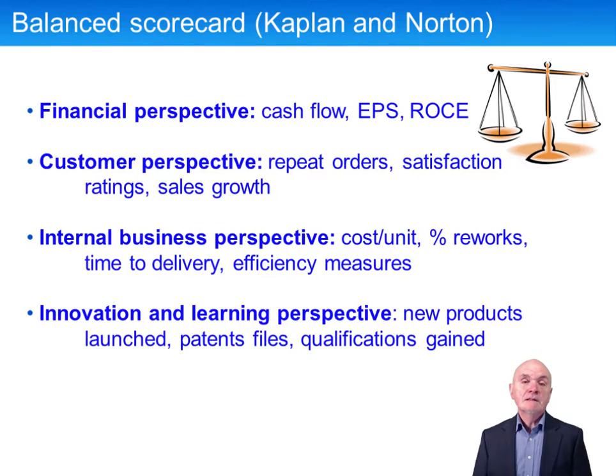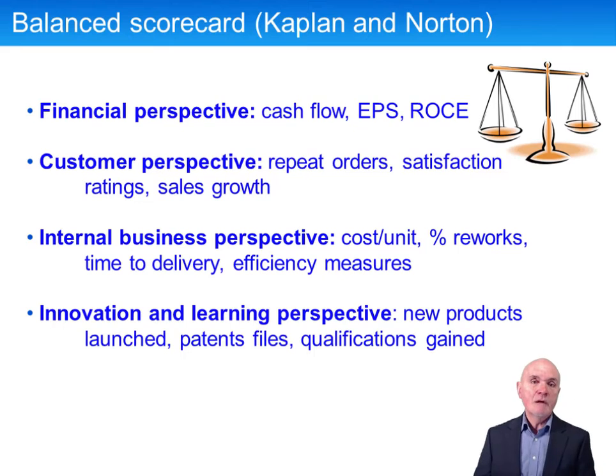The second model is the balanced scorecard of Kaplan and Norton. This was developed really as a way of judging how good companies were as long-term investments, and it can be turned around now to say if you are going to be a successful long-term company, you must exhibit this balanced scorecard. And you need to think of it as a hierarchy.